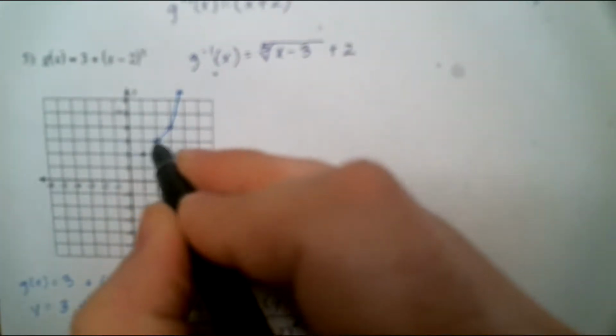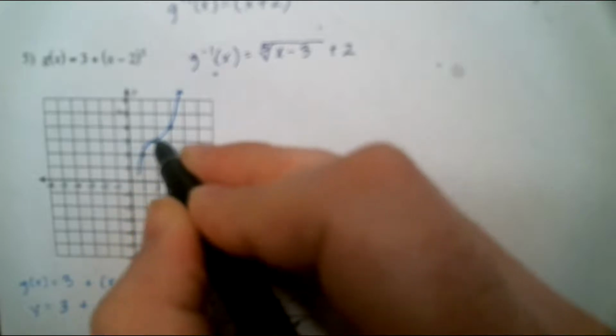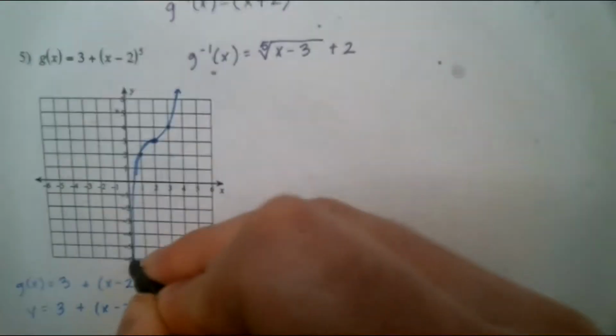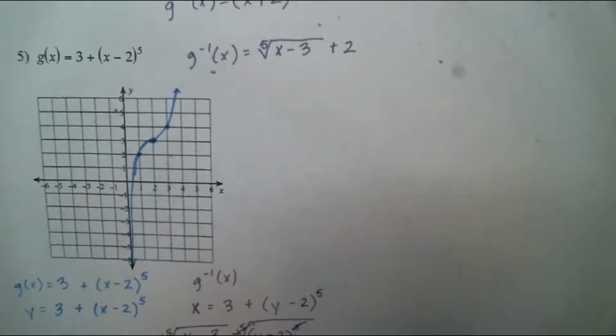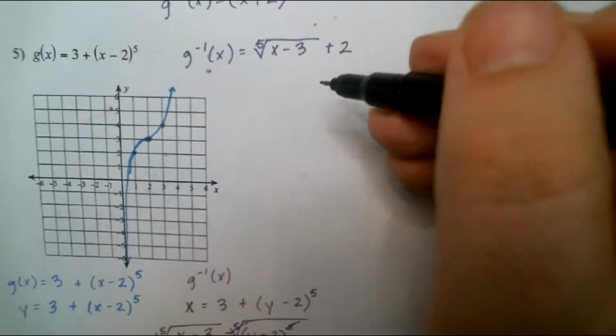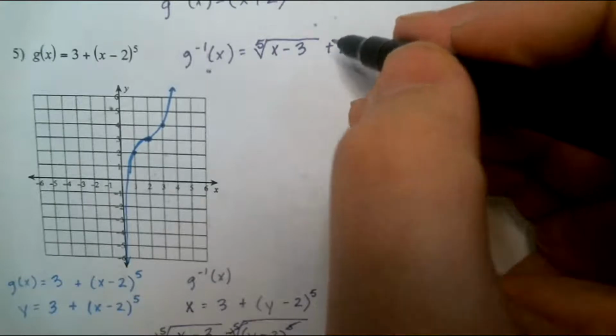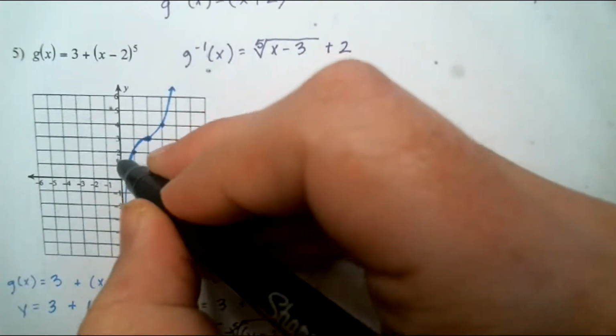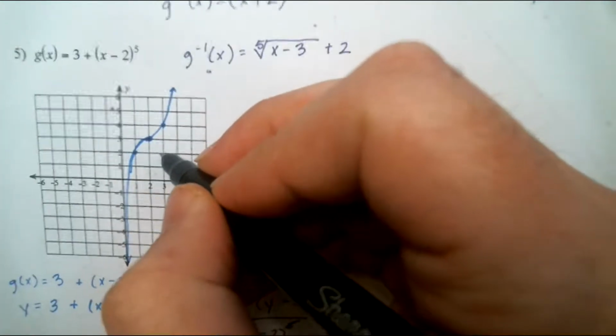And then we know it's going to go down in a quick hurry, looking something like that. And then over here, I need to go up 2 and go right 3. 1, 2, 3.